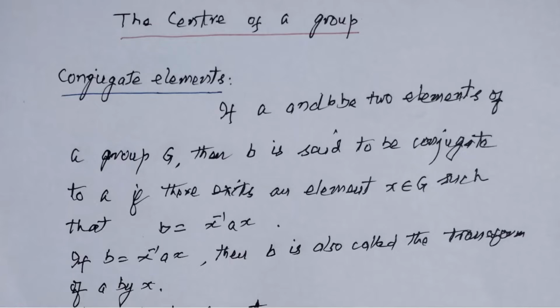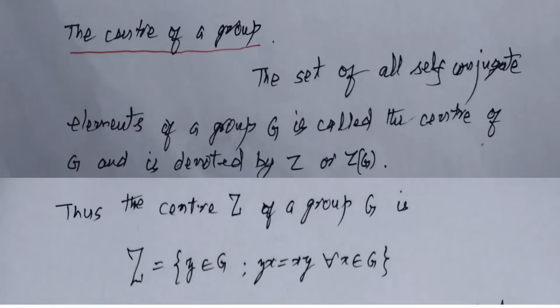The center of a group. Now we define the center of a group. The set of all self-conjugate elements of a group G is called the center of G and is denoted by Z or Z(G).